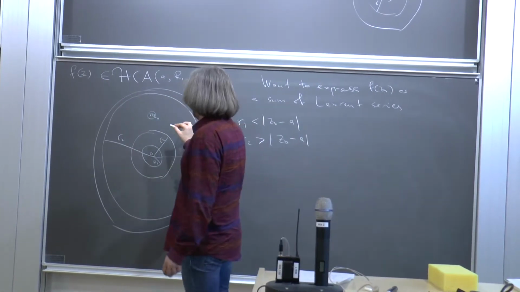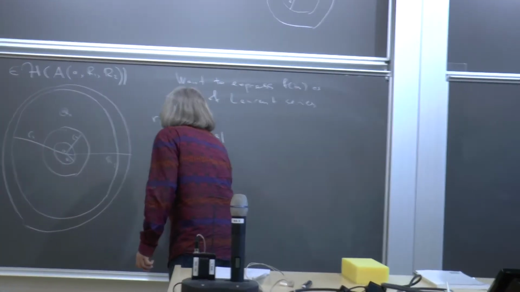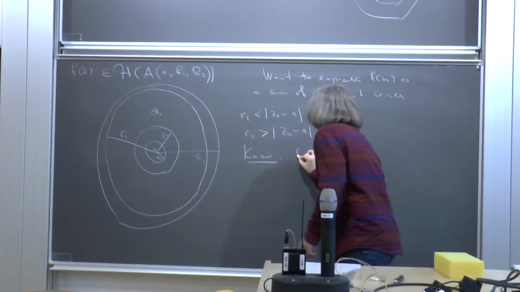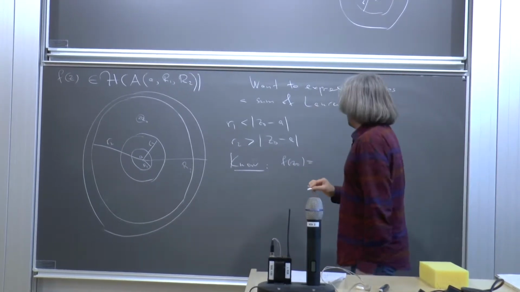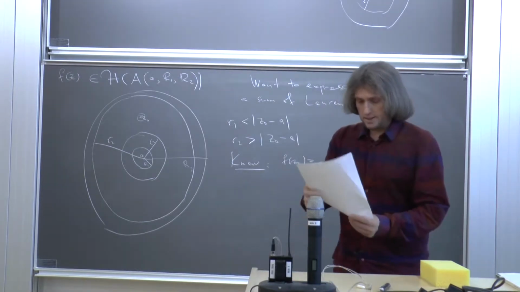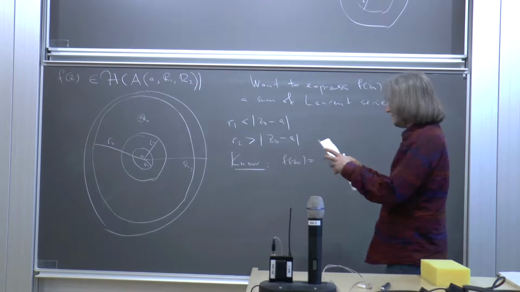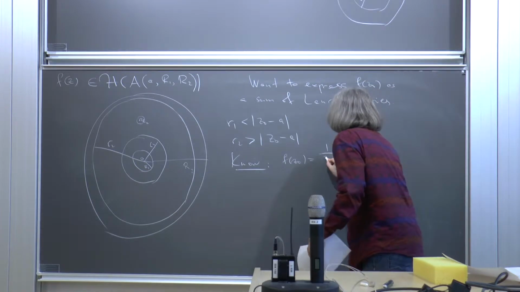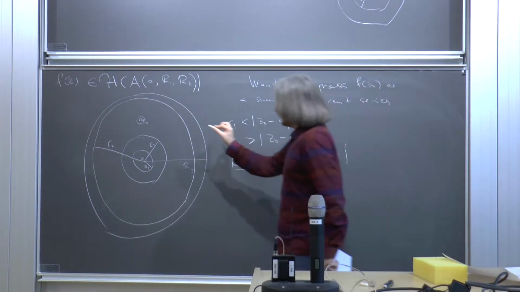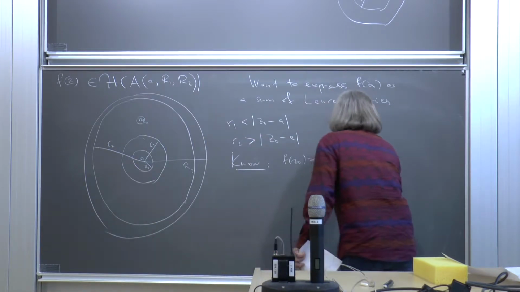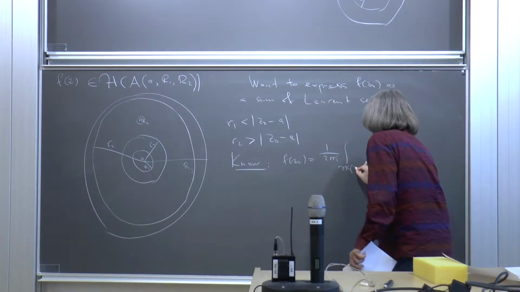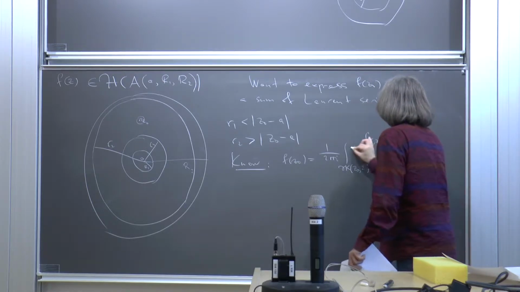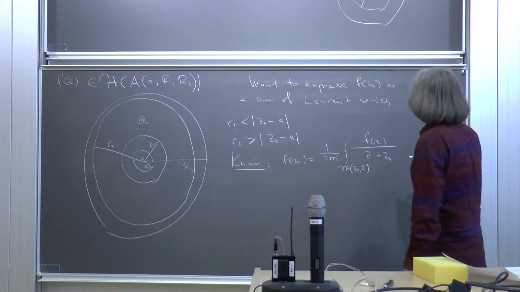We know by the Cauchy formula, since the function is holomorphic there, that f of z naught is expressible as the integral over this little circle here of f of z over z minus z naught to the n.